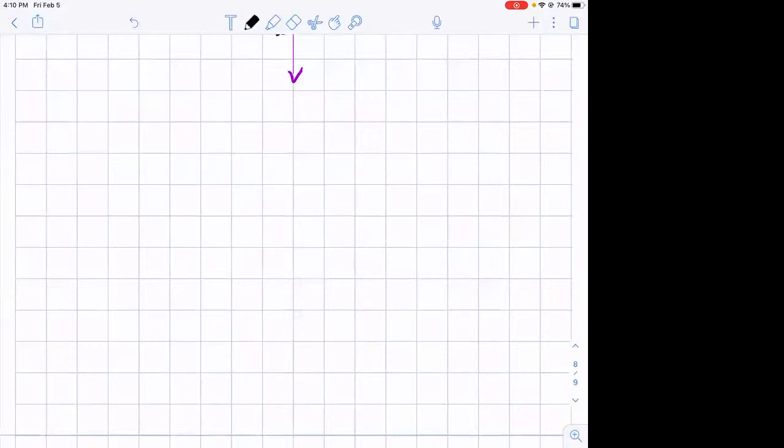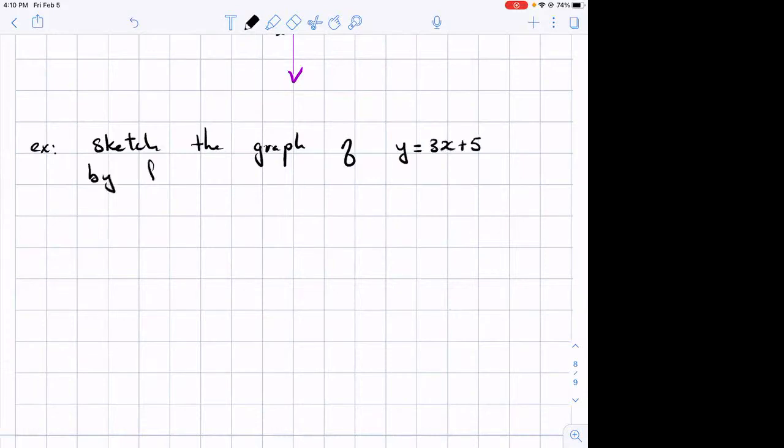So let's sketch the graph of y equals 3x plus 5 by finding the intercepts.